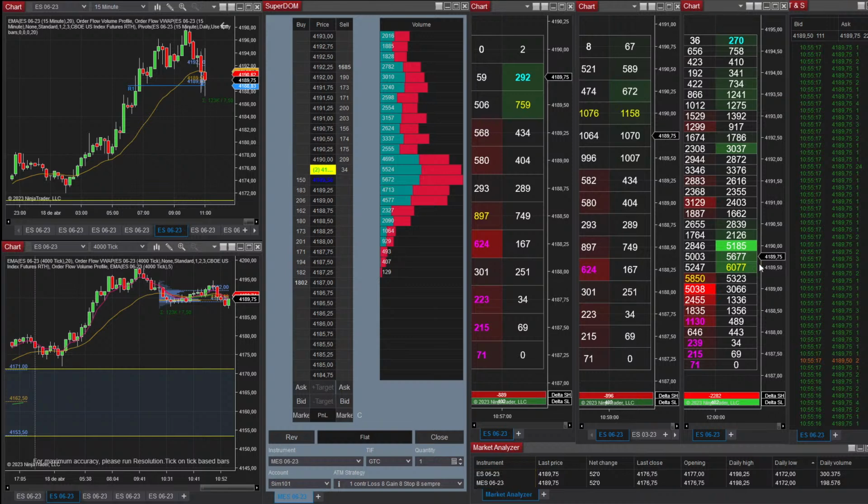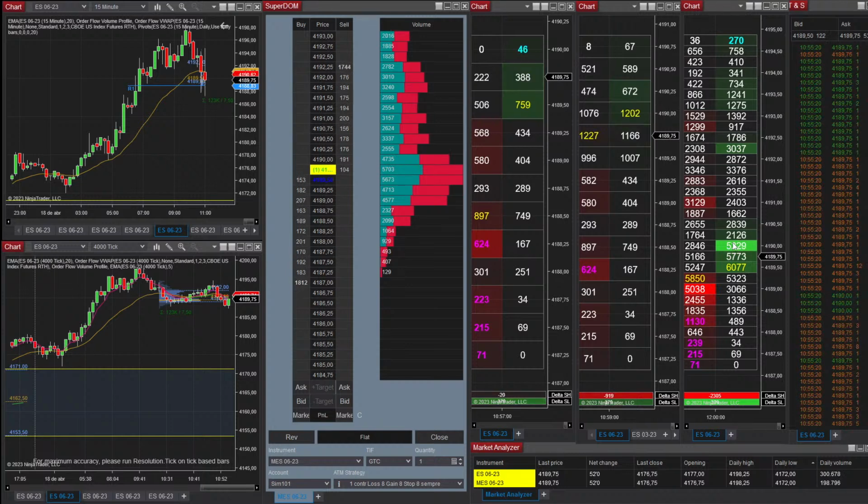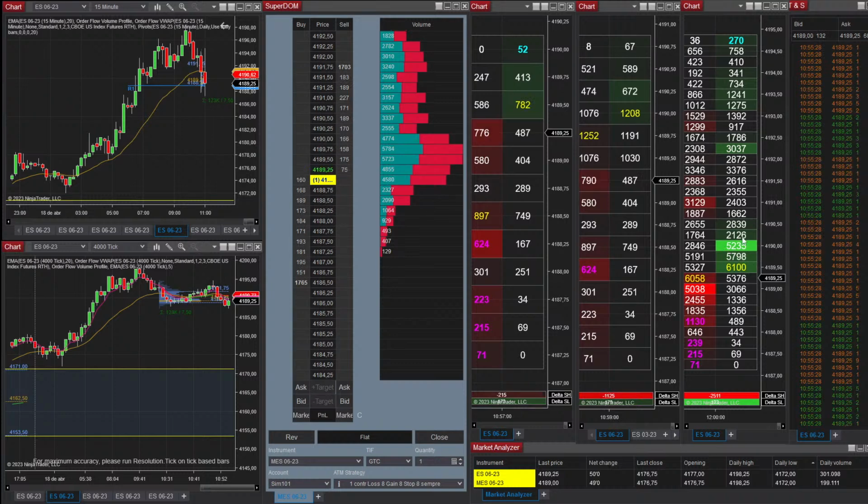Let's see now if buyers will be able to put pressure and move price up to the 90 here, because you see we have 5,000 contracts, and then it reduces. It still stays big. We have huge amounts over there, but going from 5,000 to 2,000.